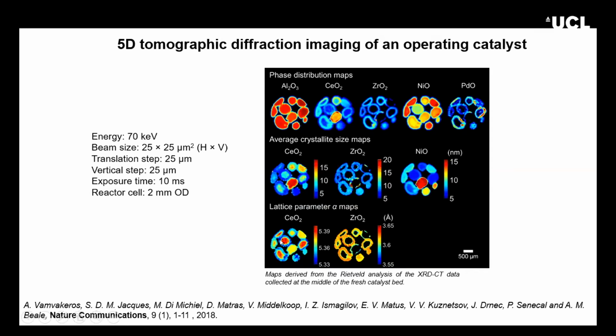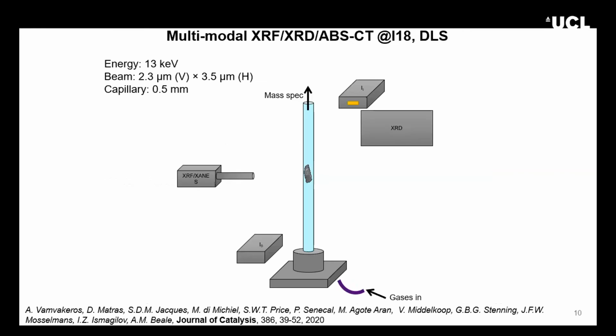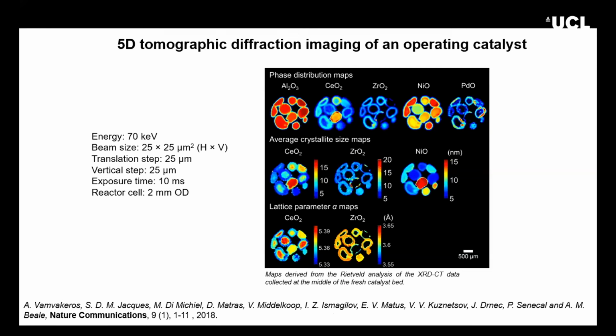So in a mixture of ceria and zirconia, we can determine how much intermixing there is. We can even identify solid solutions, and regions with cerium-rich ceria zirconia or zirconia-rich ceria zirconia.